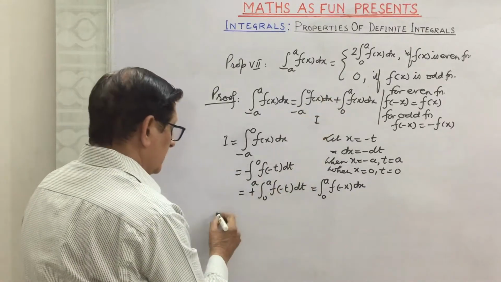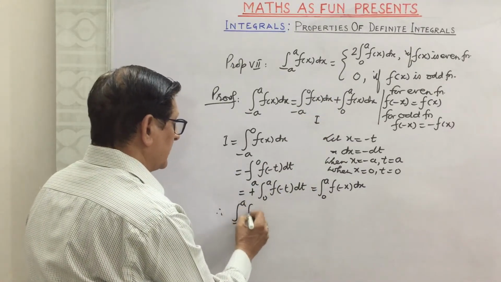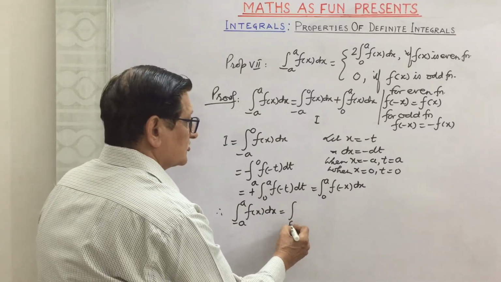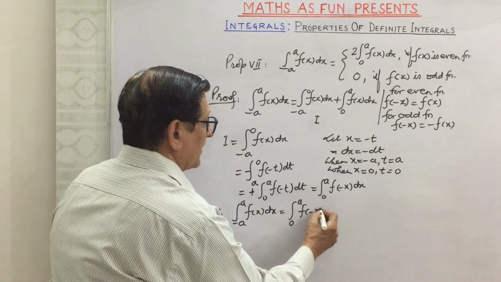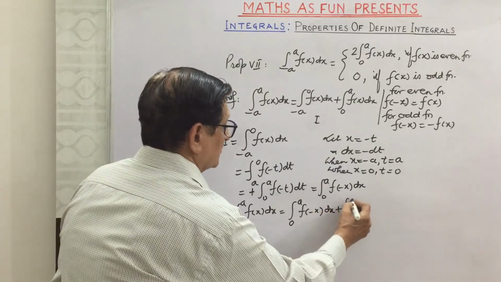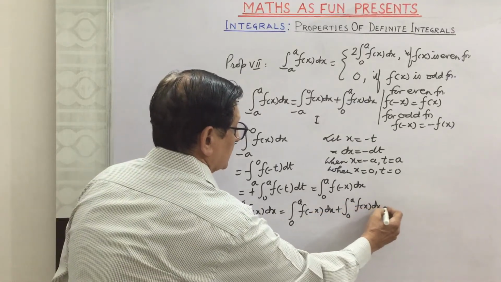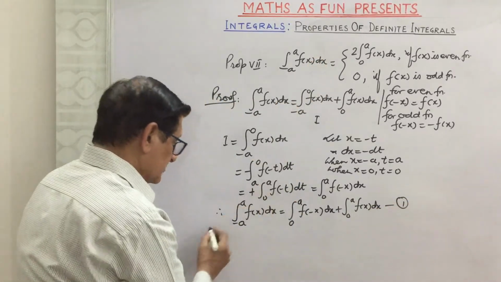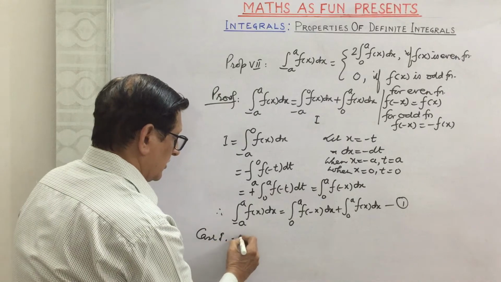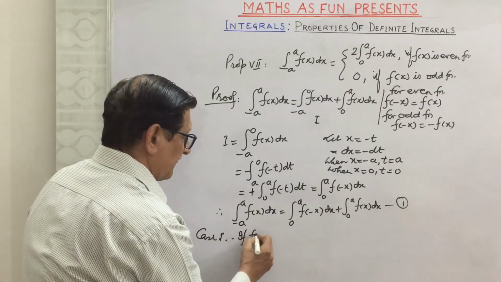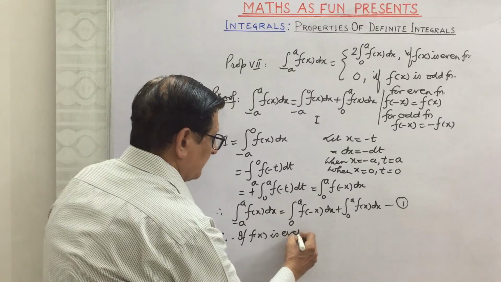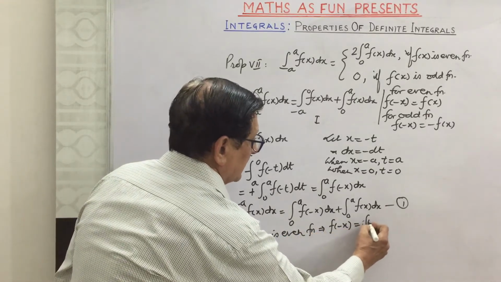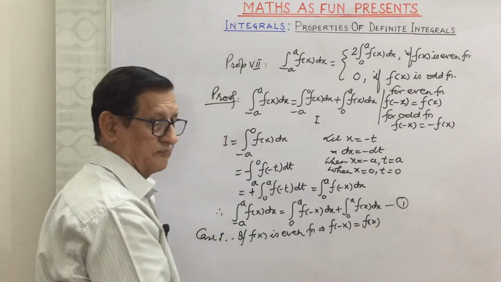Applying this here, we will get therefore integral minus a to a f(x) dx is equal to integral 0 to a f of minus x dx plus integral 0 to a f(x) dx. This we can write as 1. Now we go for both the cases. We say case 1, if f(x) is an even function, it means f of minus x is the same as f(x).